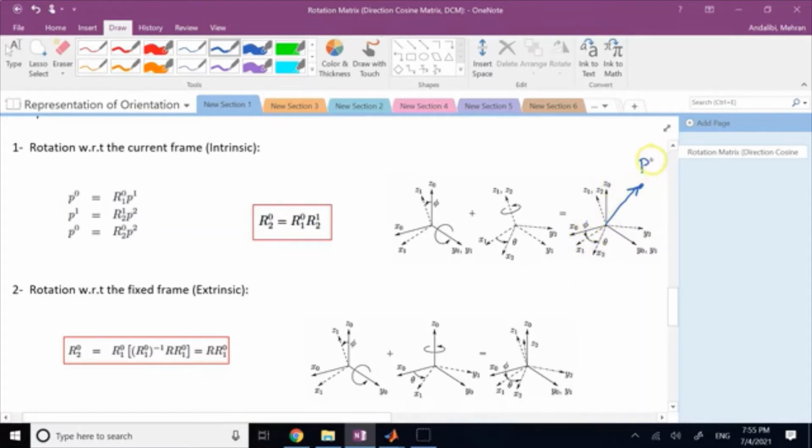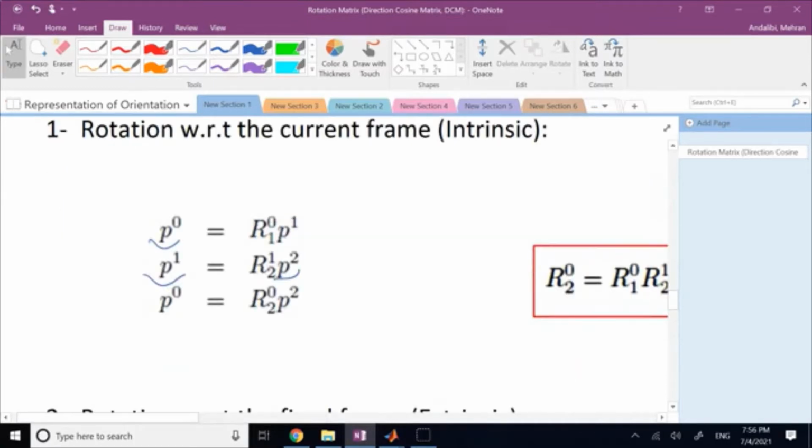So I can find the coordinate of this along any of those three sets of frames, and I would call them what? I would call them P0, I will call them P1, and I will call them what? P2. Good. So what I can do is this. If I multiply coordinate of P in frame 1 by the rotation matrix R of 1 with respect to 0, I get P in 0.